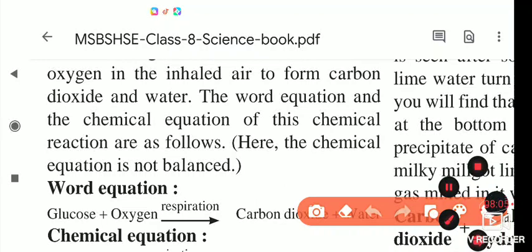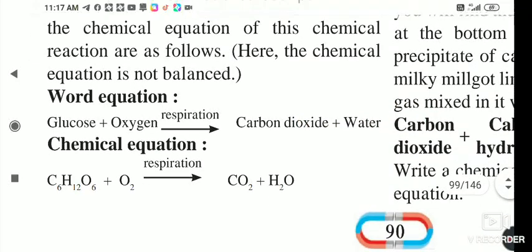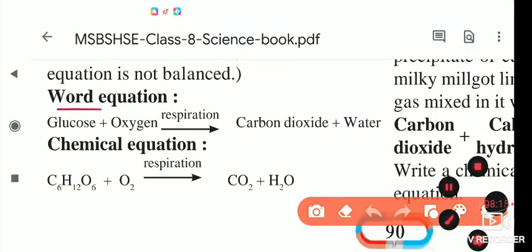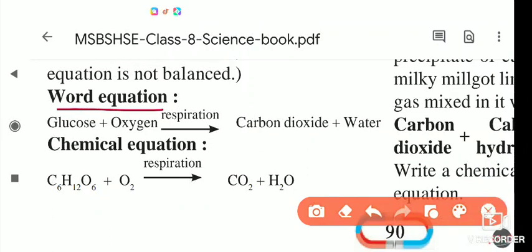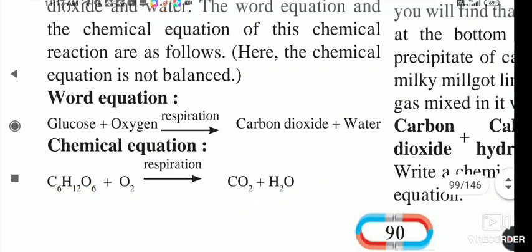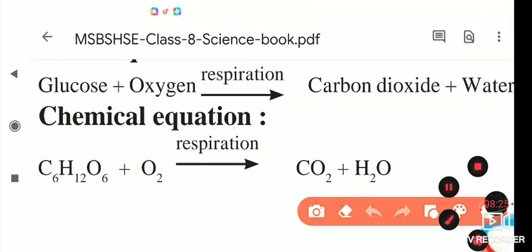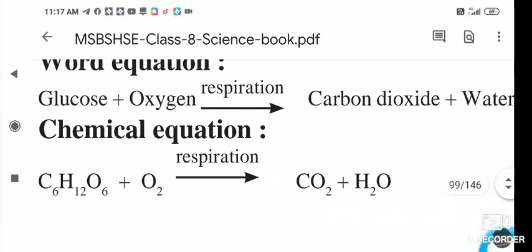The word equation for these chemical reactions is as follows. Here the word equation is written. But here the chemical equation is not balanced. How to balance a chemical equation, you will learn in further classes.